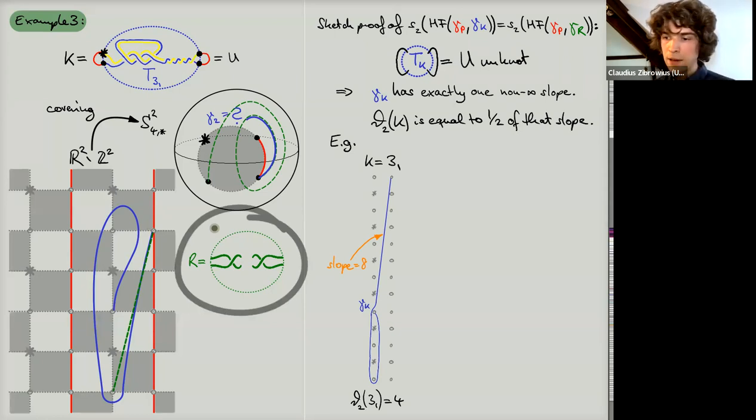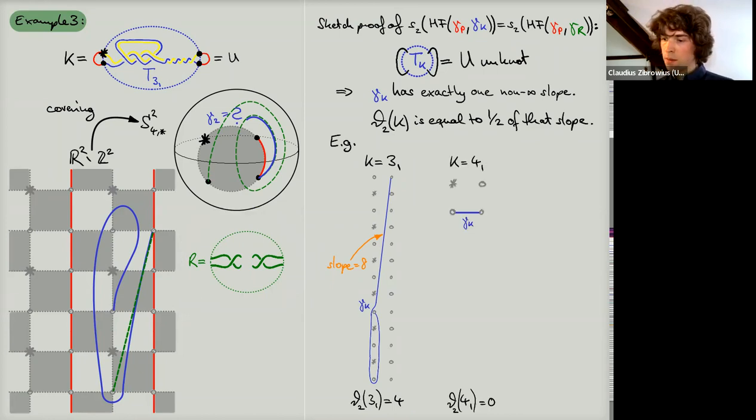Here are a couple of examples. For the trefoil, the companion tangle has this multicurve invariant, the slope is 8, and so the theta invariant is equal to 4.